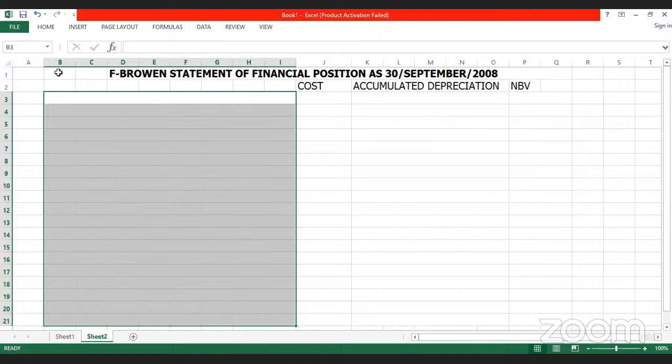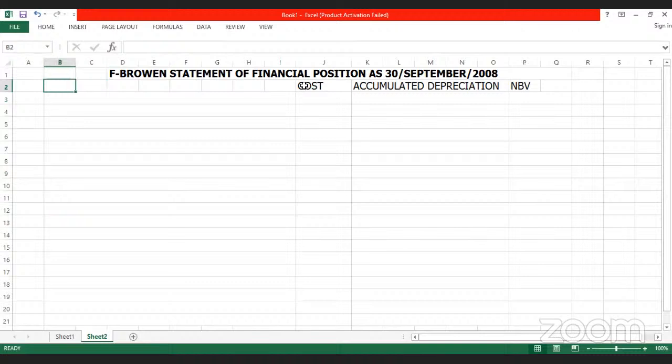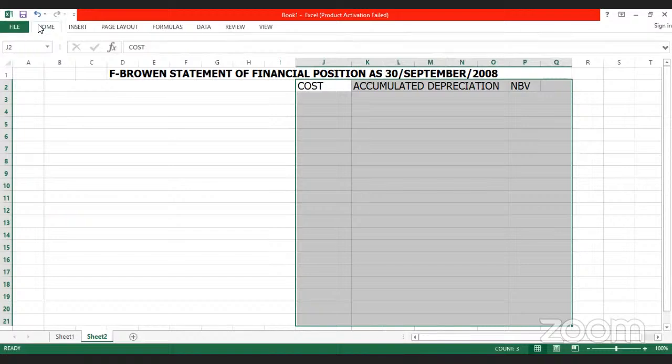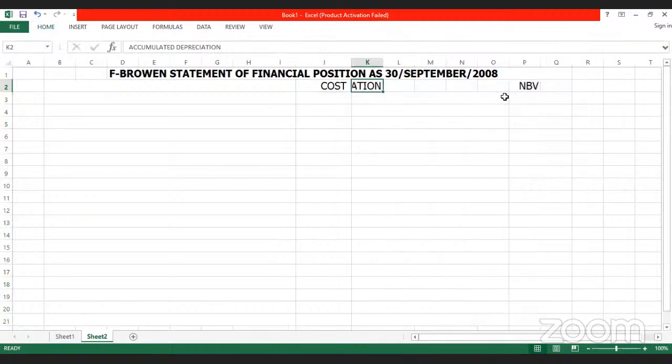Okay, so now we want to come up with a balance sheet, which is the statement of financial position. As you see, normally we use 3 columns when preparing that statement, because we have to show the cost for the non-current assets, and then you also have to show the depreciation, that is the accumulated depreciation for the assets.